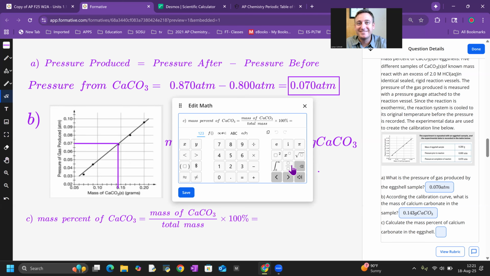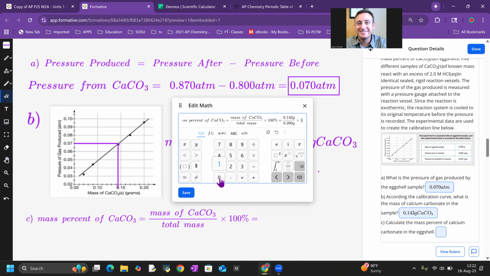The mass of the calcium carbonate that we got from the calibration curve was 0.143 grams. And the mass of the eggshell is 0.200 grams. We get that right from the chart. Again, these units are going to cancel, so there's no need in placing any other values in there.